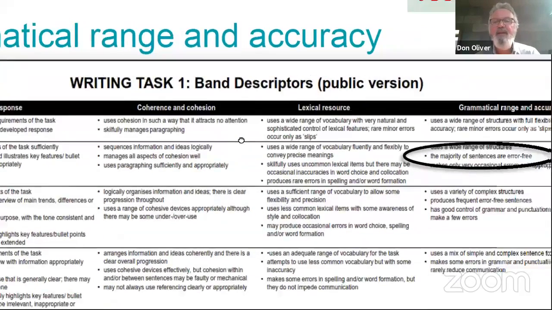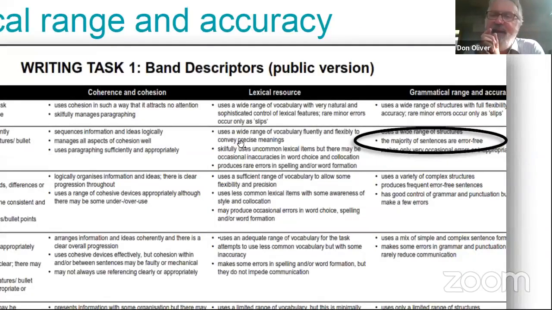We're looking at the frequency of errors, and at band 8, the majority of sentences are error-free. This is very important. If you have a problem with any grammatical point in English, fix it up, because you won't get your band 8 or 9 unless you do.